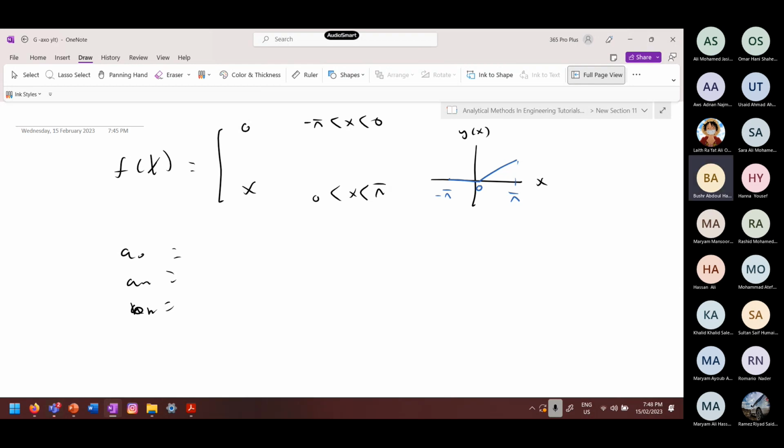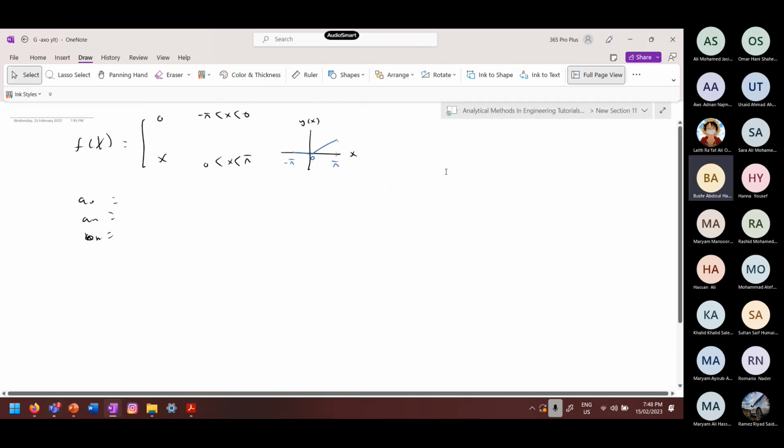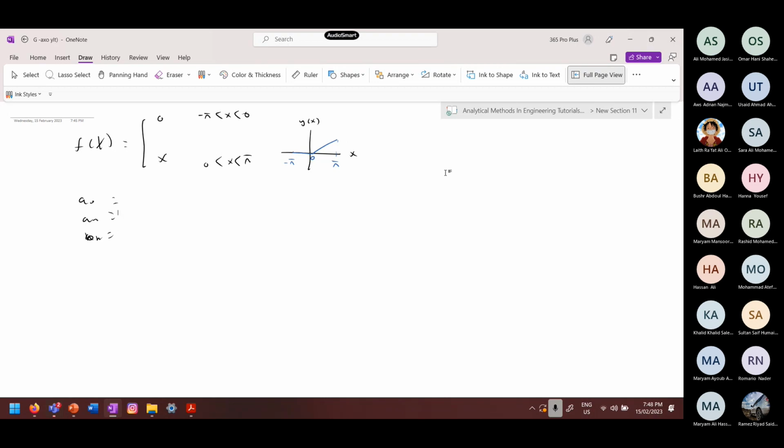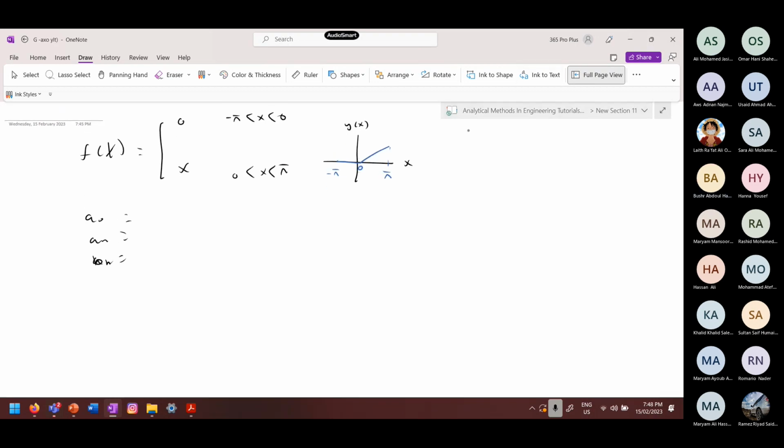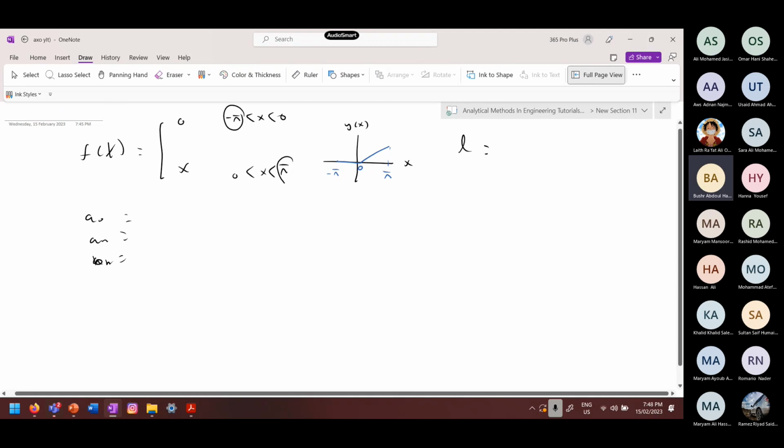You need to use 3 formulas, one for each of them. Before finding them, actually, you need to find L, the length. You'll find this term and this term.